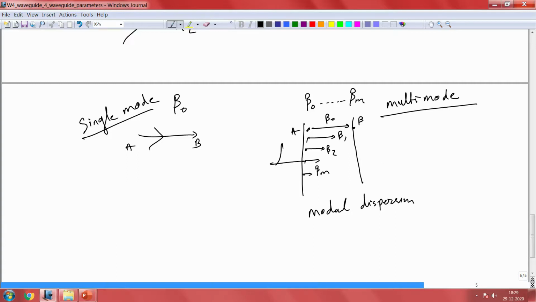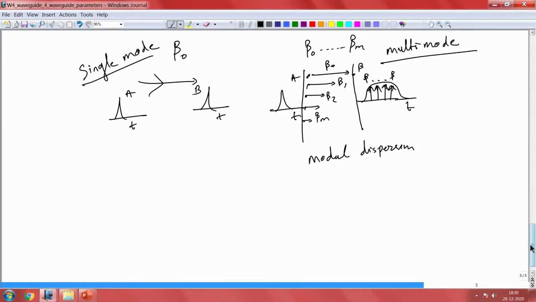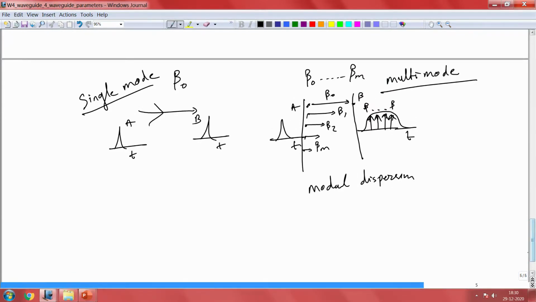If I put a signal like this, I will get a signal like this as a function of time. The reason is the betas are arriving at different points of time, but in the single mode case, when I put a signal at time t, I will get the same here. This is one of the reasons why we try to design systems that work with single mode. We do not want multiple modes, because handling different modes is always difficult because of modal dispersion.